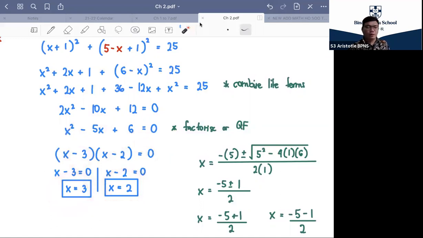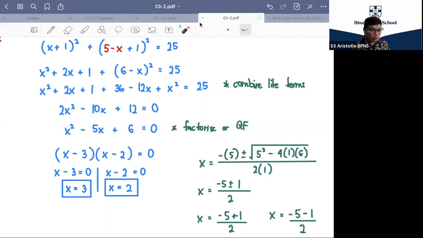Now, what if I forgot about factorization? I still remember quadratic formula. Can I still use that? Of course, you can still use quadratic formula. Okay, but be careful. This is A, this is B, and then this is C, right? So this is the quadratic formula, so negative B. So that's why it's negative 5.